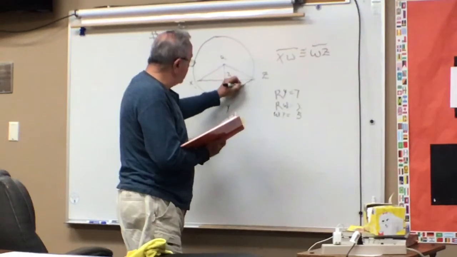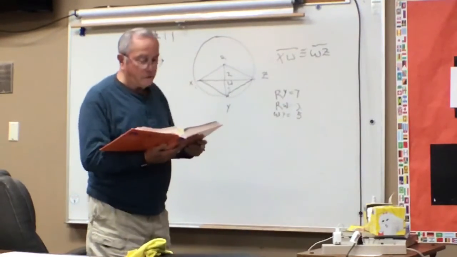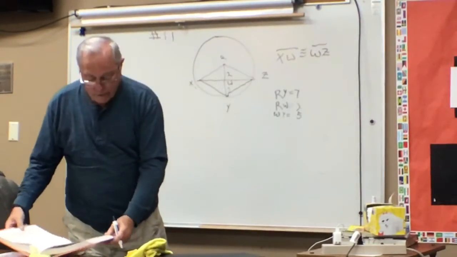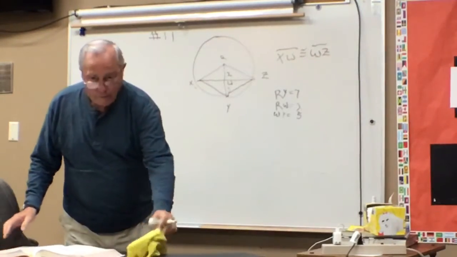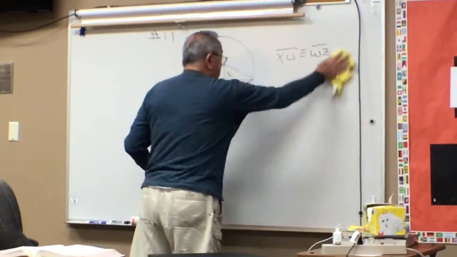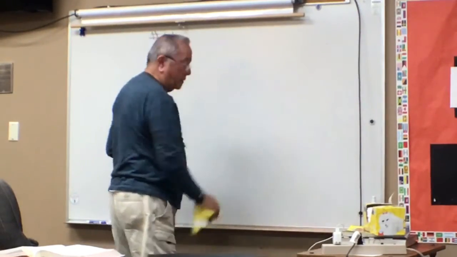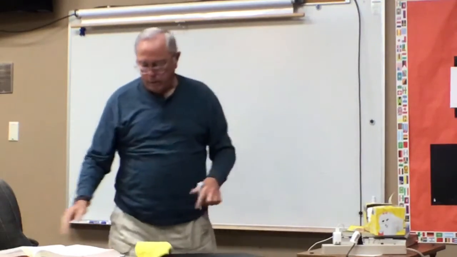You got to go like this, don't you? Got the idea? You're not going to get this on the test. Trust me. That's a problem that you won't even see on the quiz. So we're just going to overlook this one, unless you want to do it on your own, because I sure don't like it. Sometimes they put problems in there that just don't make a lot of sense, do they?